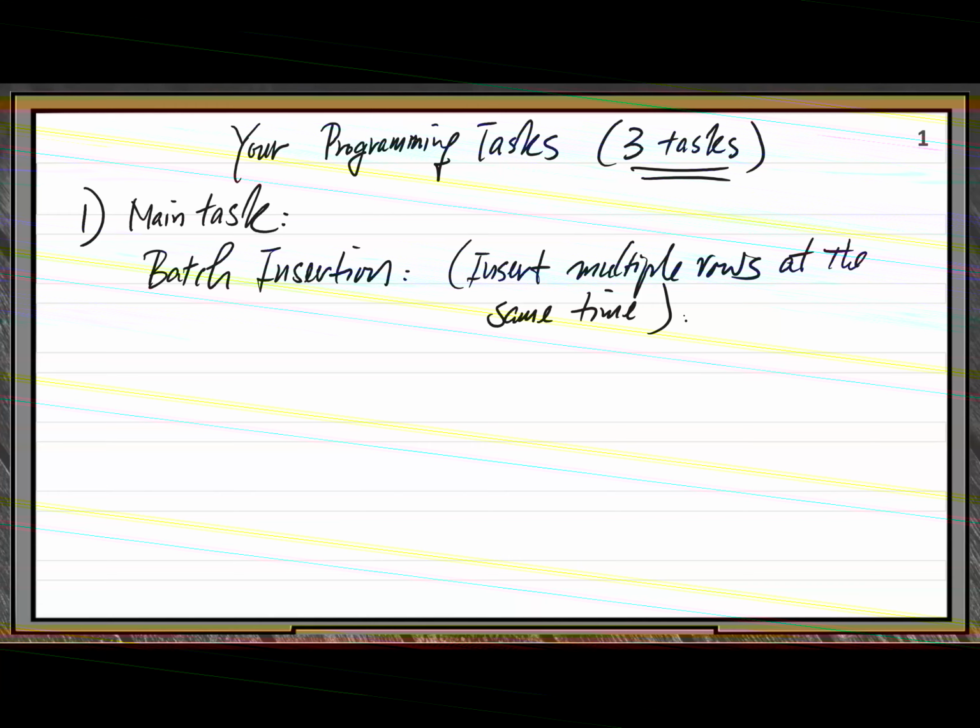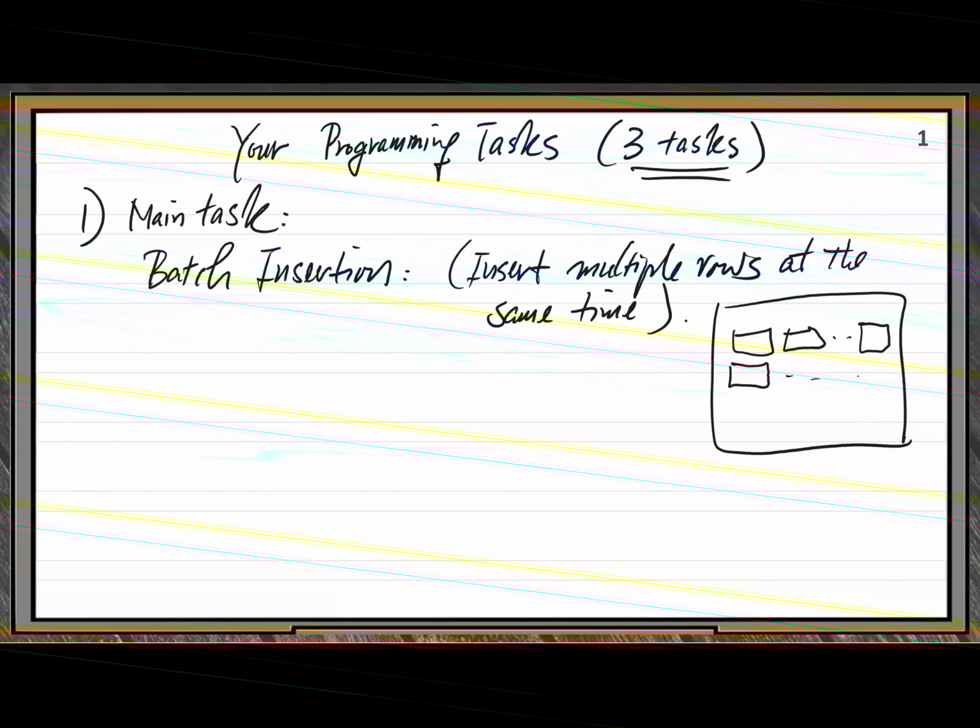You create a multi-row input interface. Row 1 has multiple fields, row 2 has multiple fields, but not too many rows, because if there are too many, the users may feel scared.